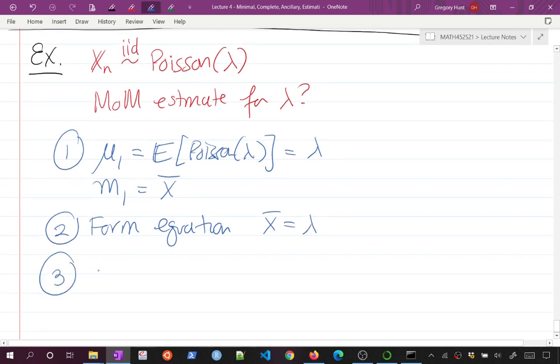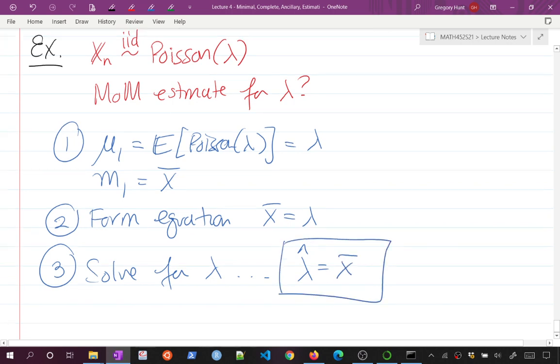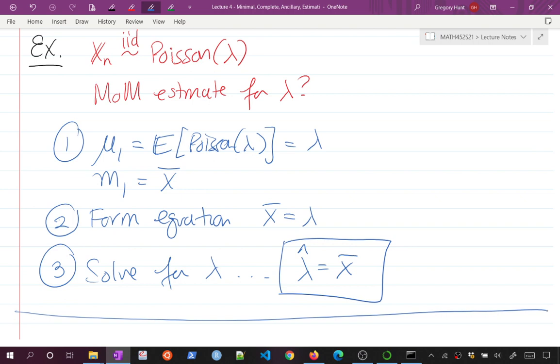Step 3 is solve for lambda, which is basically already done. Lambda hat is x bar. So that's our method of moments estimator. That makes sense though, right? It's totally reasonable. If I have Poisson data and I don't know the parameter lambda, lambda is the mean of the Poisson. So let's just estimate it as the average value. Totally reasonable to do.